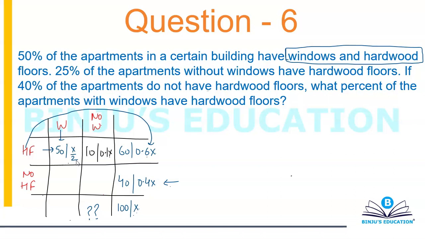Alright, okay, now let's move on to the second statement. That's the only one which is left for us to interpret. It says 25% of the apartments without windows have hardwood floors. So what this statement basically means is that if I take the total number of apartments without windows to be P, then 25% of this is equal to this value.